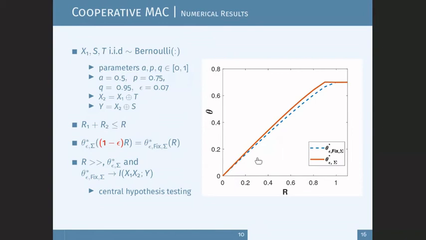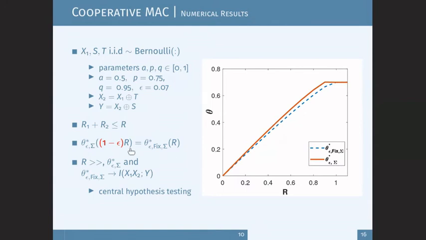So now, as we can see in this plot, the optimal error exponent for variable length coding is in red, and it is actually giving us gain over the optimal error exponent for fixed length coding, and both for the cooperative MAC in dotted blue.